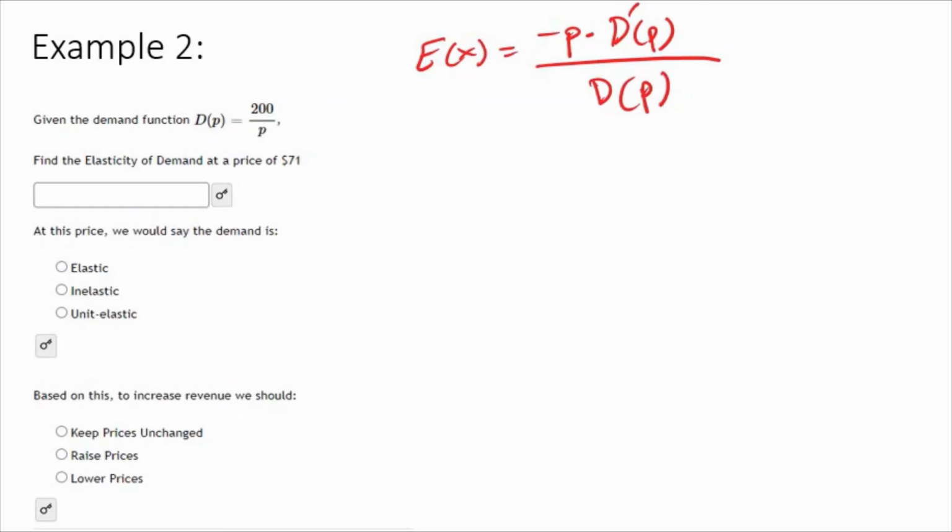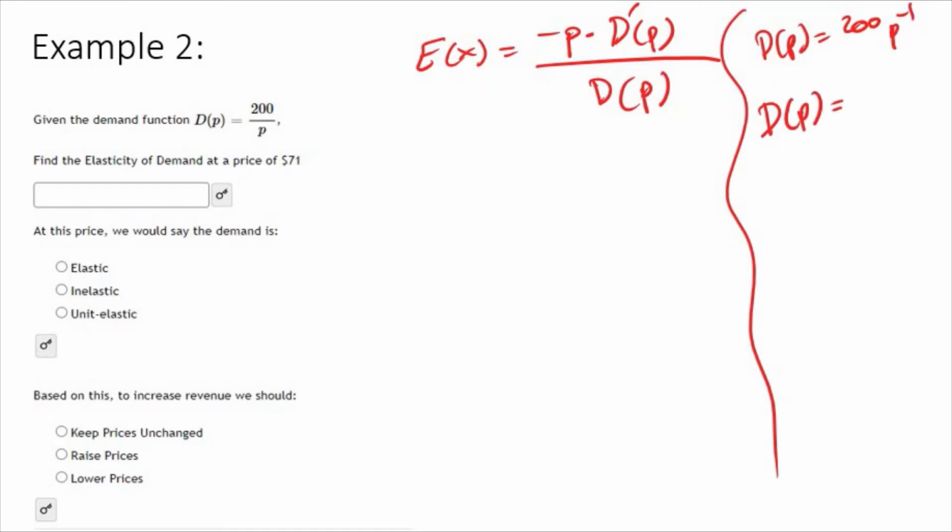Now I'm going to find the elasticity of demand. Notice how I have p in the denominator, so the derivative here is going to be a little bit tricky, so you have to think about it a little bit. I'll do it here. I have d of p is equal to 200 over p. I am going to bring the p up with a negative exponent and then find the derivative that way.